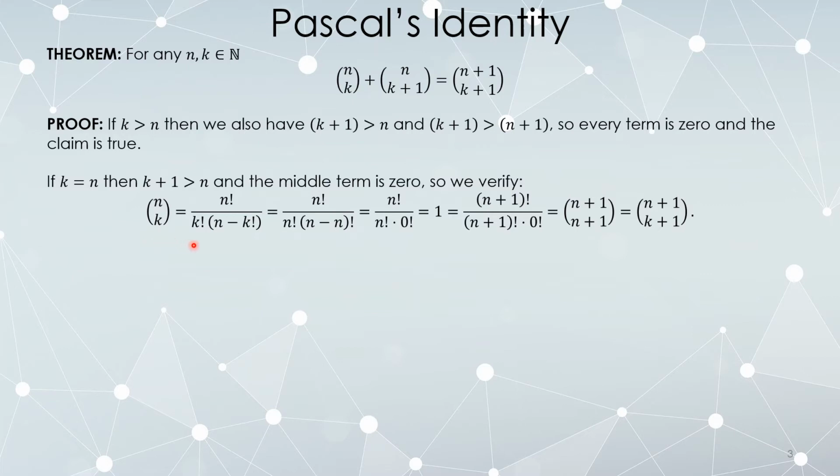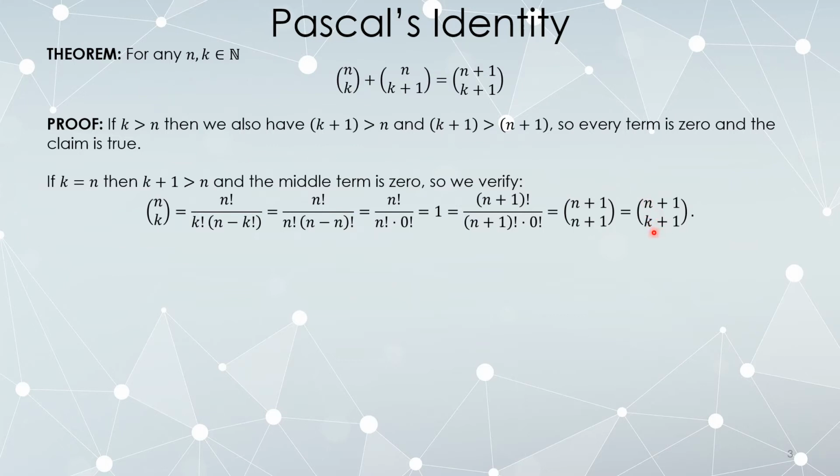N choose k can be computed as follows, but n is supposed to be equal to k, so I'm going to replace all of my k's with n's. N minus n is definitely 0. 0 factorial is 1, it is not 0. So n factorial over n factorial times 1 is just n factorial over n factorial. That's just going to reduce down to 1. But very similarly, n plus 1 choose k plus 1.